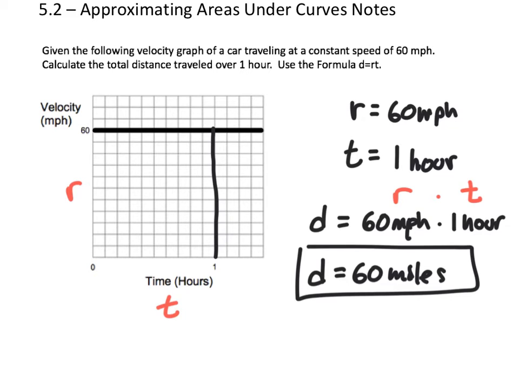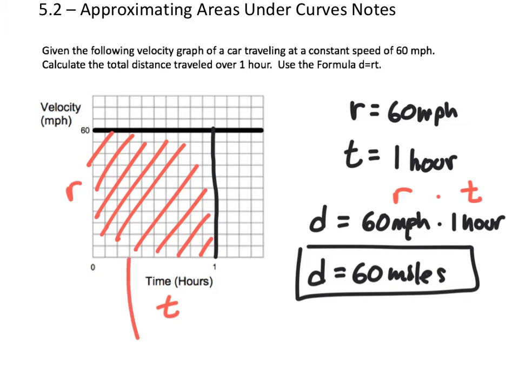And so this is our area, all this area, and I'm going to put an arrow. The area under this curve is equal to our distance for this example.